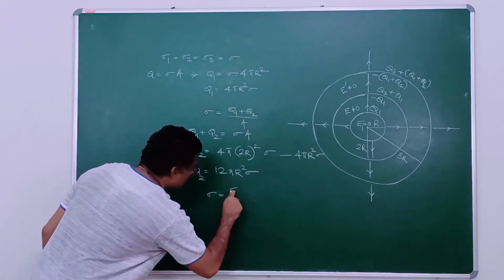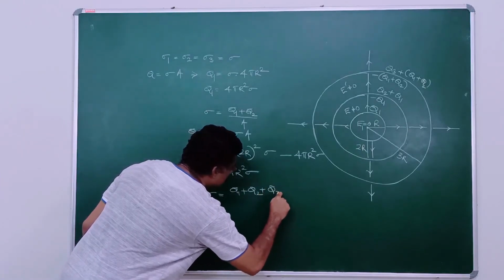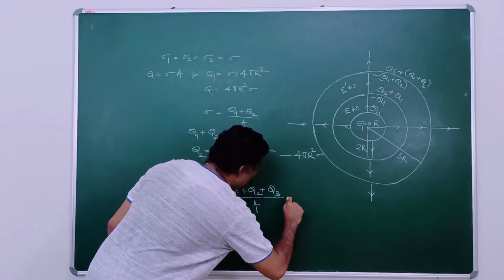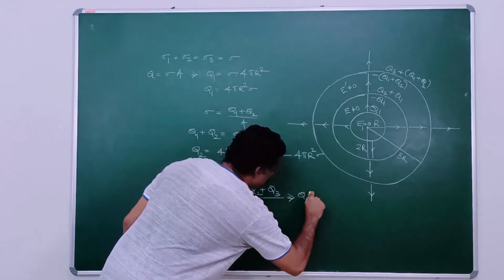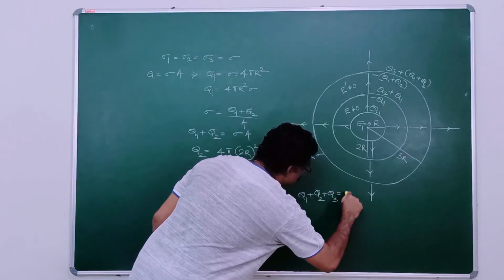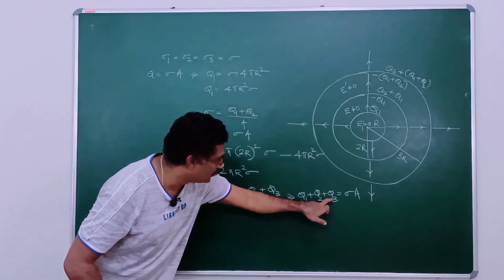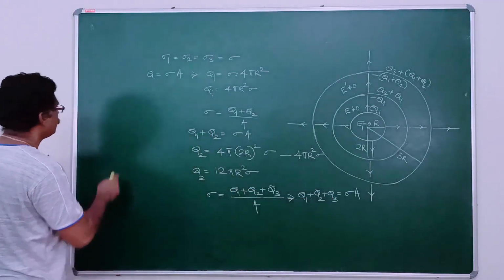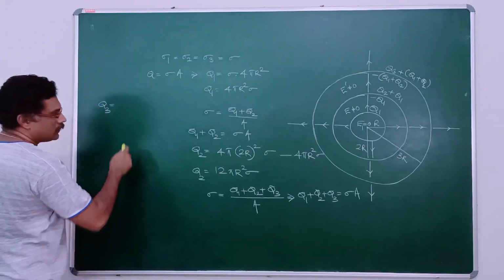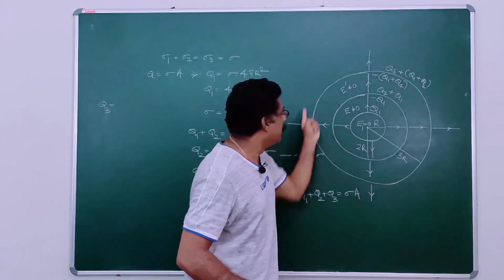So Q1 plus Q2 plus Q3 is equal to sigma into A. Now we want to find Q3. Therefore, Q3 is equal to sigma A minus Q1 plus Q2. A is the area of this one.